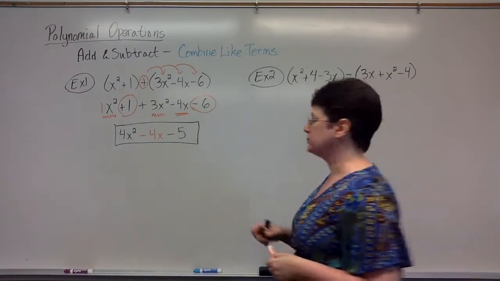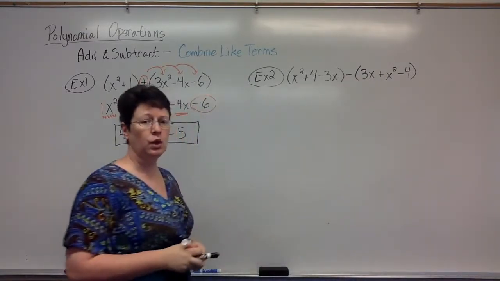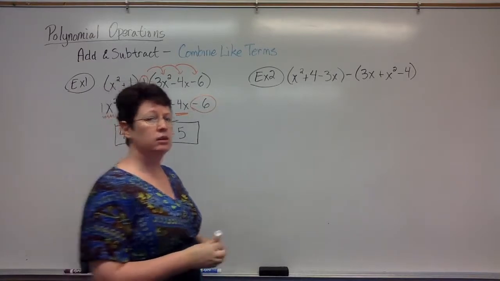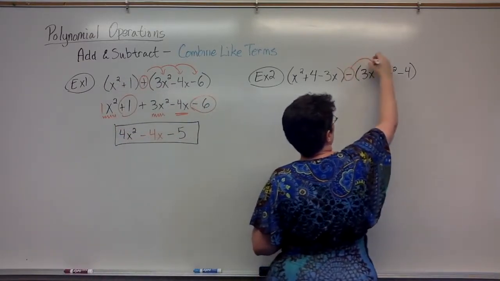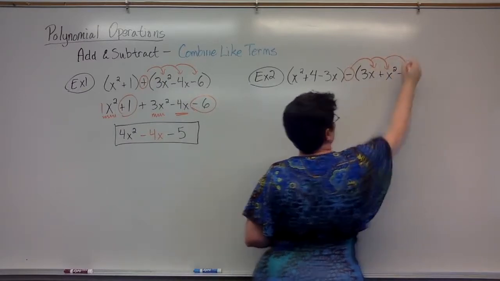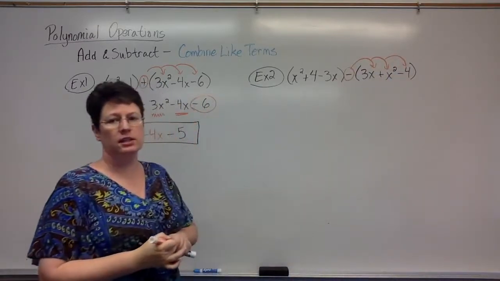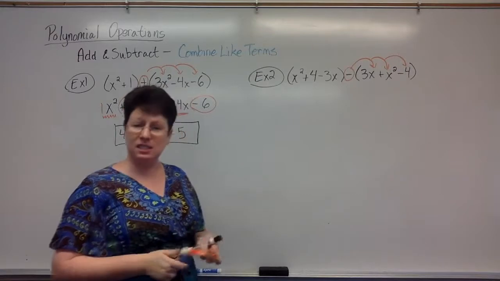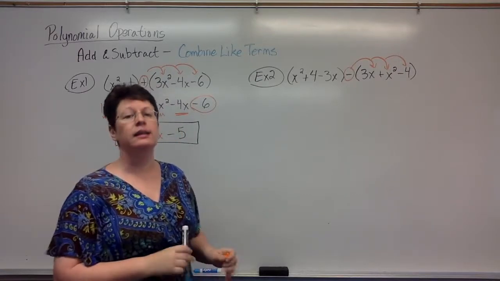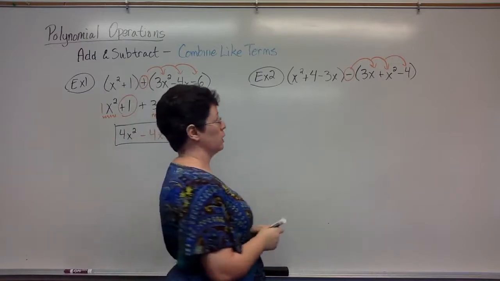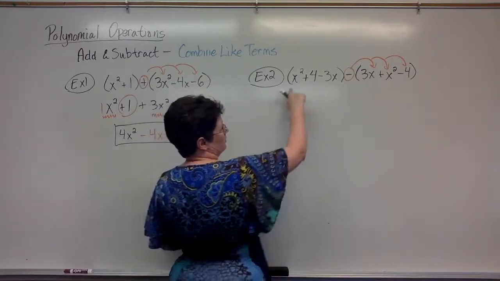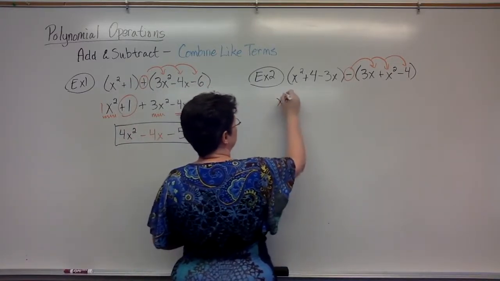Let's look at number 2. What kind of operation are we performing? We are subtracting. So I have to distribute that negative 1 to everything inside the parentheses. Is it going to change anything? Yes. Negative 1's always change the sign, okay? So I still have my stuff in the first set of parentheses.